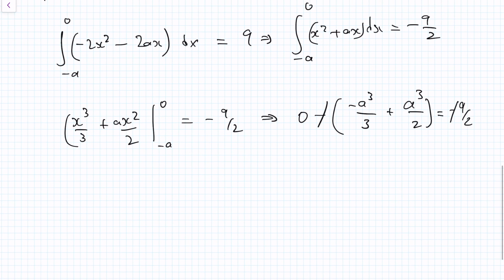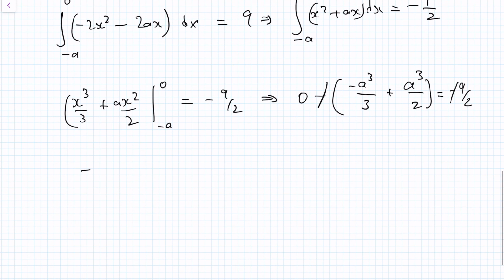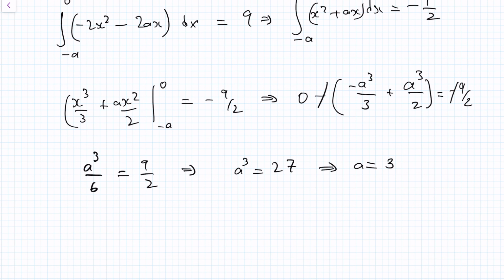So we have minus a cubed over 3 plus a cubed over 2. That will give us a cubed over 6, equal to 9 over 2. That implies a cubed is equal to 27. a is equal to 3.